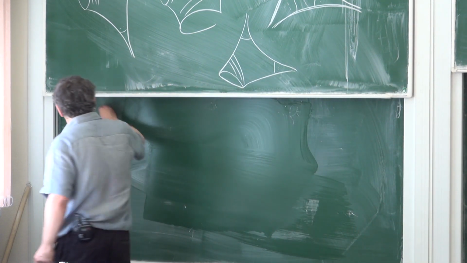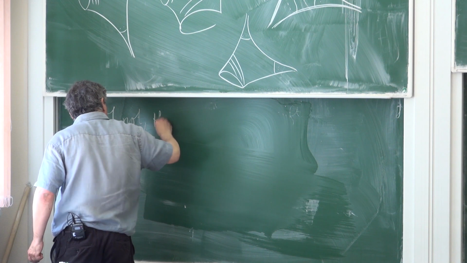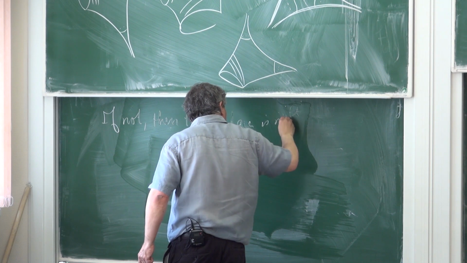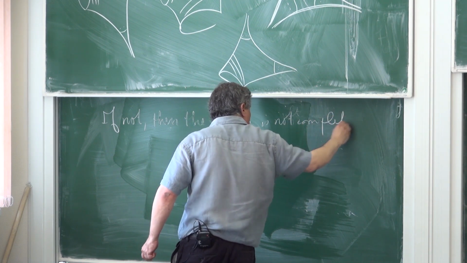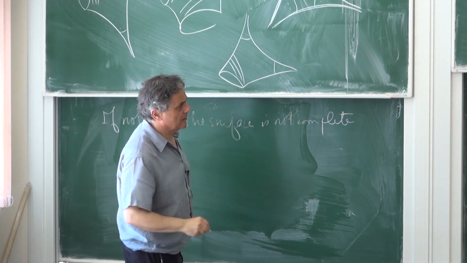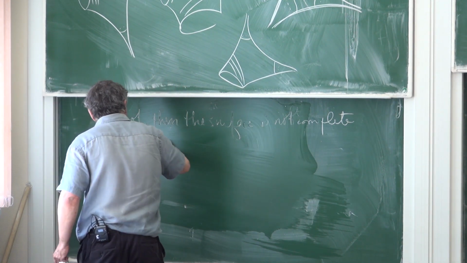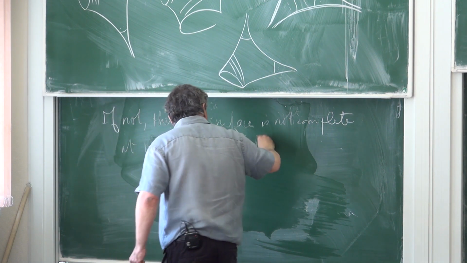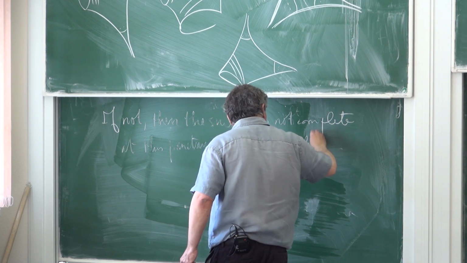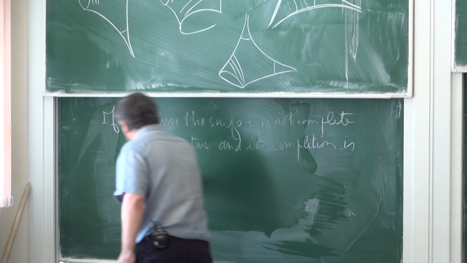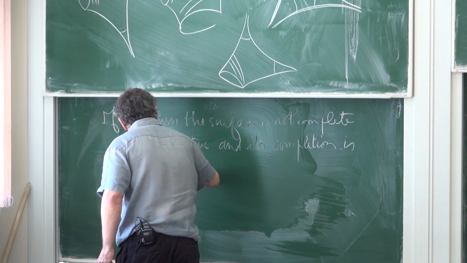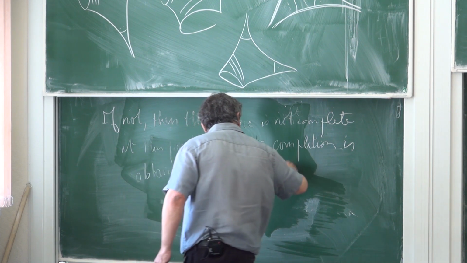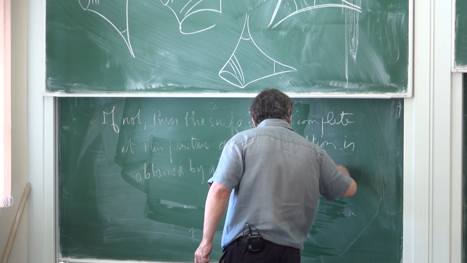Then, if not, the surface is not complete at this puncture, and its completion is obtained by adding a boundary component.